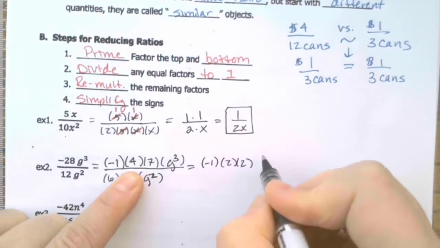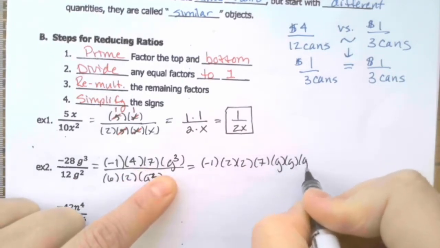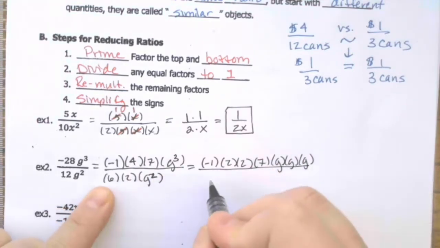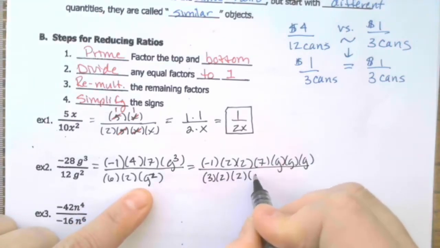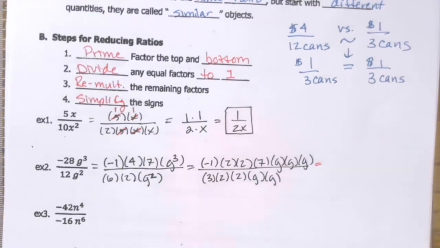4 is 2 times 2, 7 is a prime number, and then we have g cubed, which is g times g times g, all over 6, which is 3 times 2, another 2, and then g squared, which is g times g. When everything is completely prime factored out, you need to divide out similar factors.